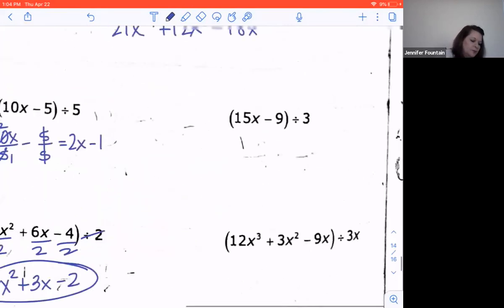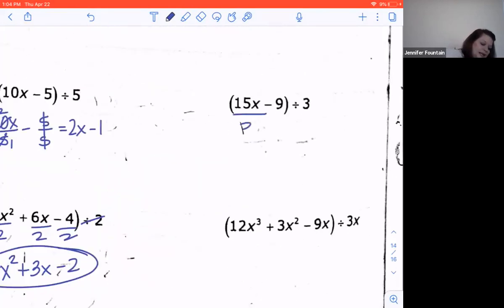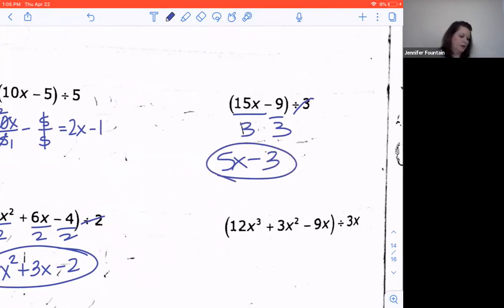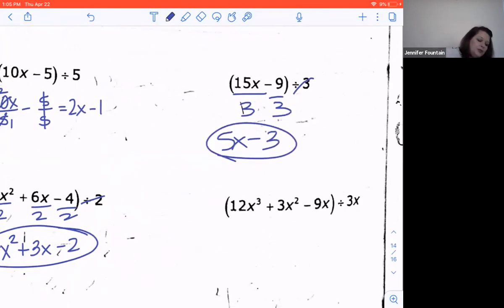Nope, I forgot the one up top. 15x minus 9 divided by 3 divided by 3. 15x divided by 3 is 5x. Negative 9 divided by 3 is minus 3. Now 12x cubed plus 3x squared minus 9x, all divided by 3x.